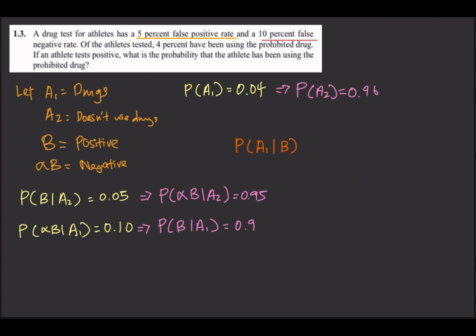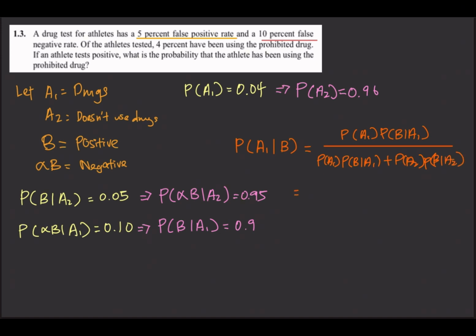Right? Okay, now we can move on to finding the solution to our question. The probability the athlete is using drugs given that he tests positive. Now we can just substitute into the formula, right? Probability of A1 multiplied by probability of B given A1, divided by probability of A1 multiplied by probability of B given A1, plus probability of A2 multiplied by probability of B given A2.